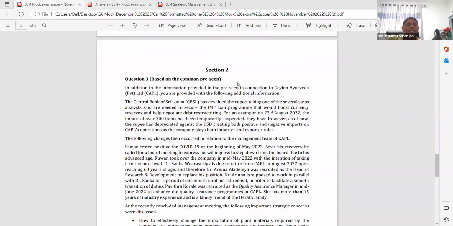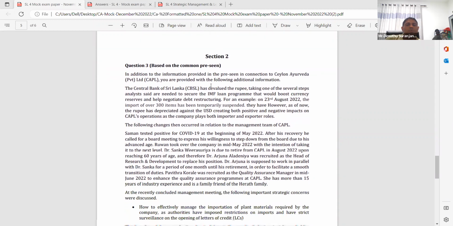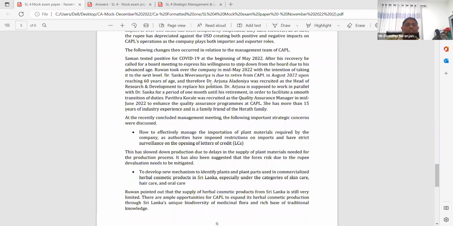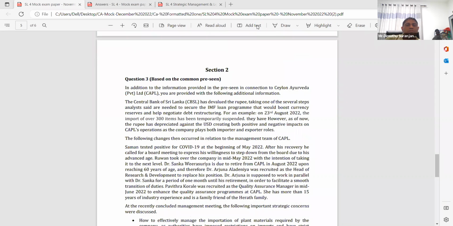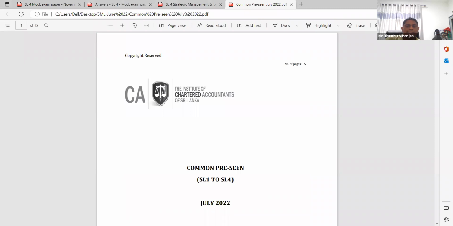Then we'll move to next section 2. Section 2 is based on the pre-seen issue. So we'll see whether we can find the pre-seen from last time. Can you see the pre-seen?